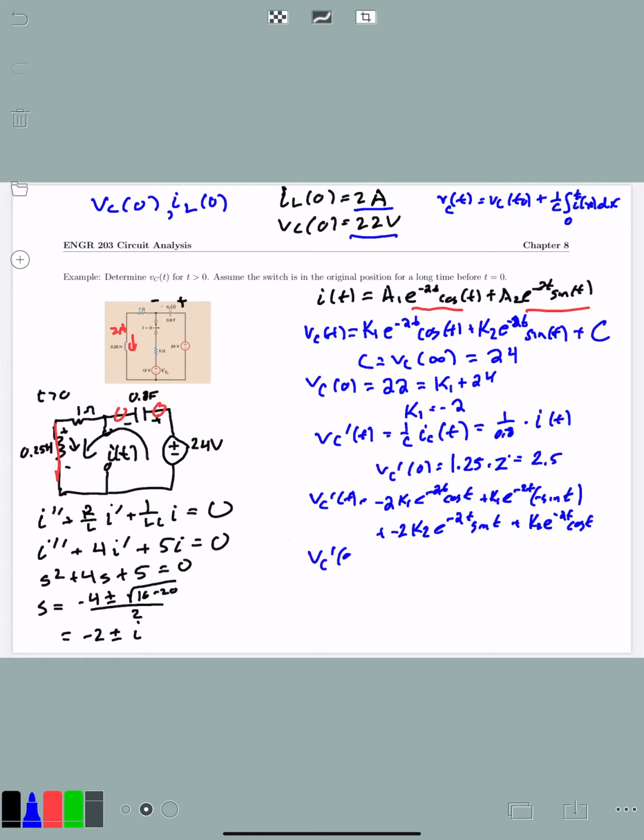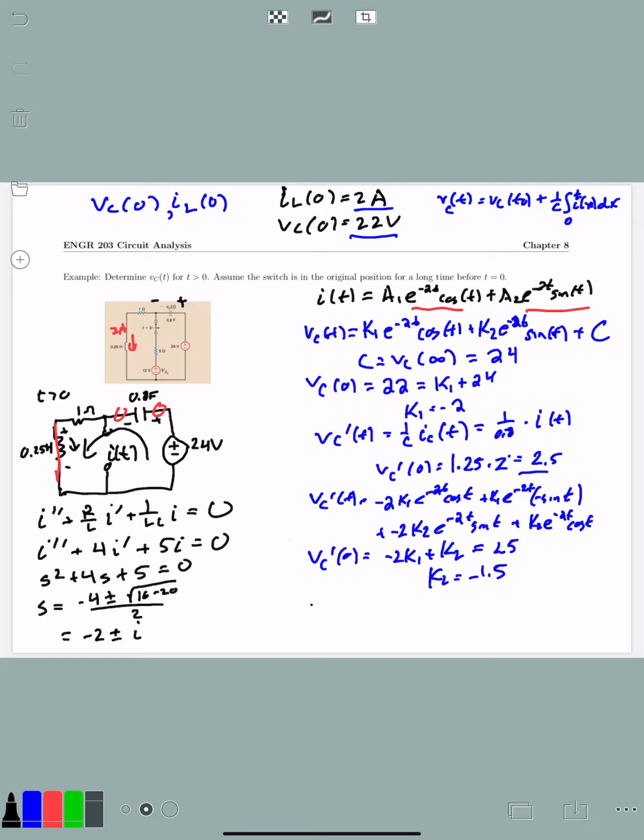So then when you plug in 0 here, you're going to get negative 2k1 plus k2, and that's supposed to equal 2.5 right here. We just solve for that. And so k2 then is 2.5 plus 2 times k1. So that's 2.5 minus 4 is going to be a negative 1.5.